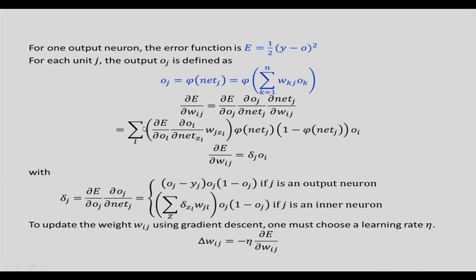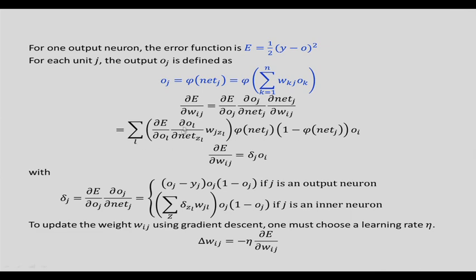Now, del E by del Oj can be written as a summation over l of del E by del net l times wjl, which corresponds to the output coming from the other nodes indexed by l, and this is phi of net j into 1 minus phi of net j, which corresponds to the sigmoid function, and this is Oi. This follows from the derivation that we worked out in the last class.